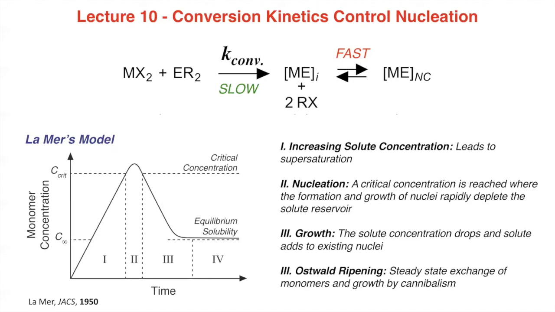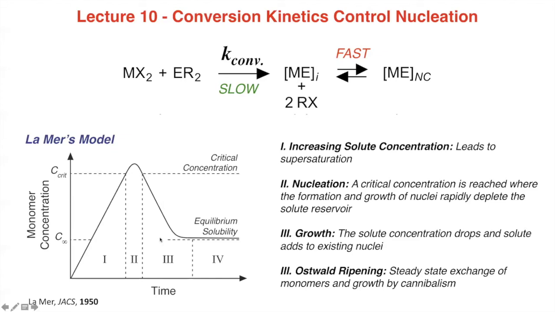And then those nuclei eventually consume all of the solutes faster than they're made, and that pushes the solute concentration down. So once the solute concentration starts to drop, you get below this critical concentration limit and nucleation turns off.